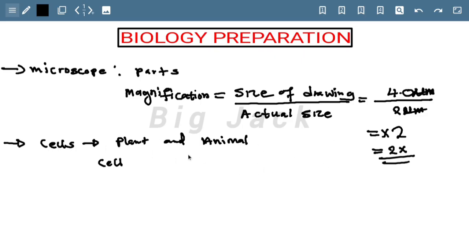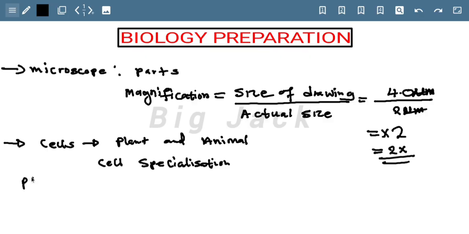Once they undergo specialization, we come up with the cells we call specialized cells. What should you know about cell specialization? You need to know the specialized cells under plants, as well as the specialized cells under animals. Let's start with plants.